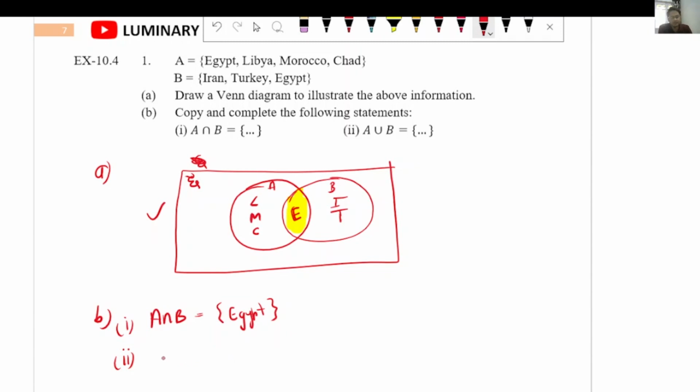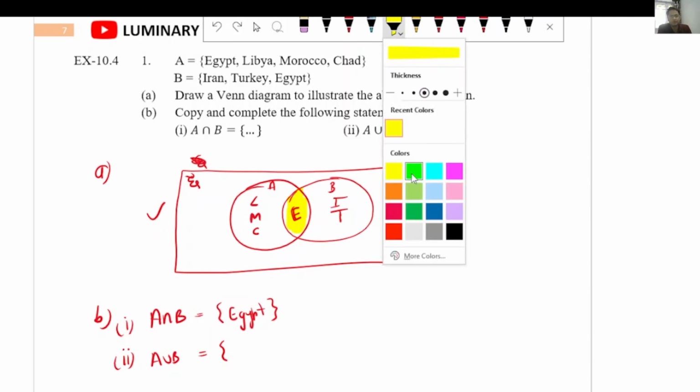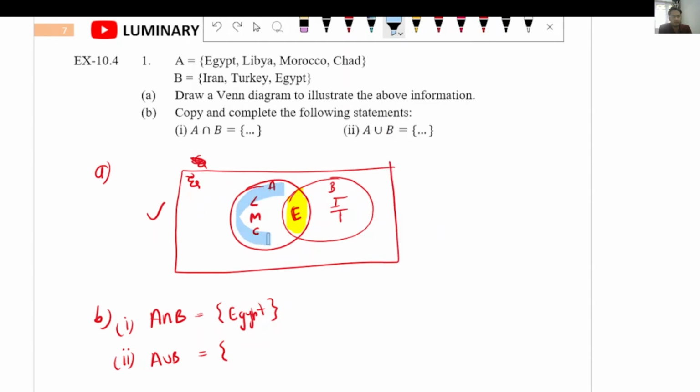Now the second part is A union B. What I already told you is that we generally take all the values. It includes all the values of set A and B both, including the A intersection B. So what are the values coming in this set? Let's write.